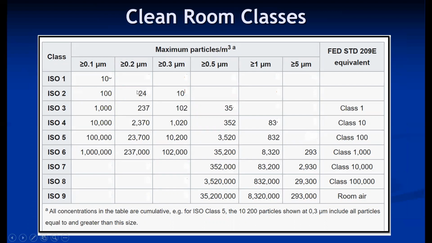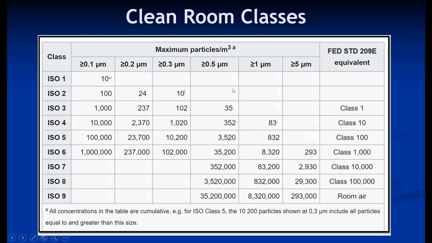Similarly, the other standards allow comparatively more. As the ISO class number increases, more and more particles are allowed. So in the extreme case, ISO 9 allows around 3.5 crore. And at the same time, the first two ISO classes do not permit any particle of size greater than 0.5 micron.